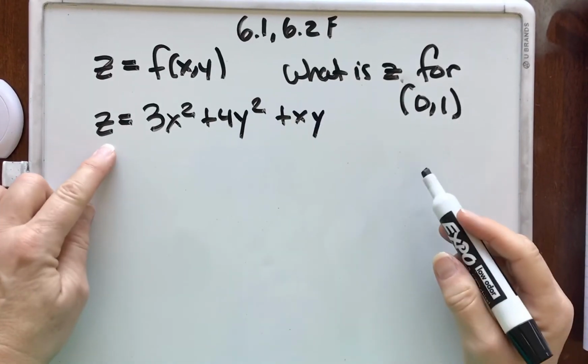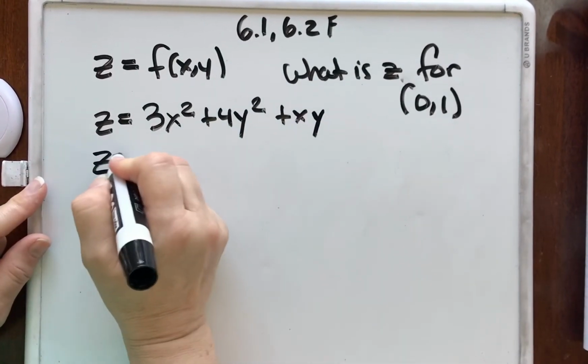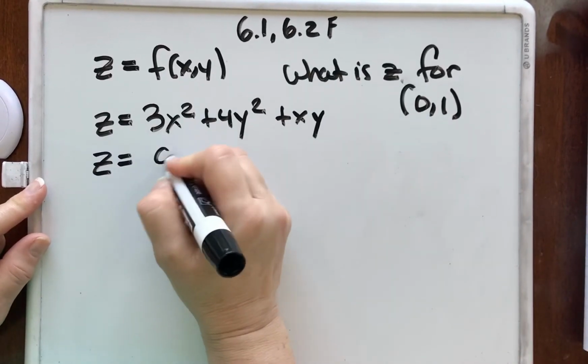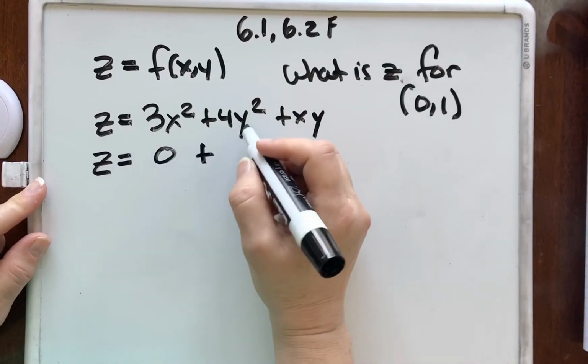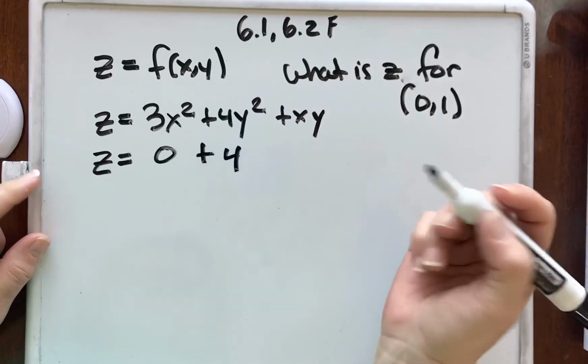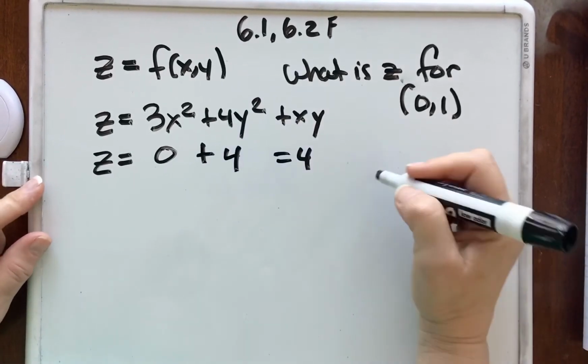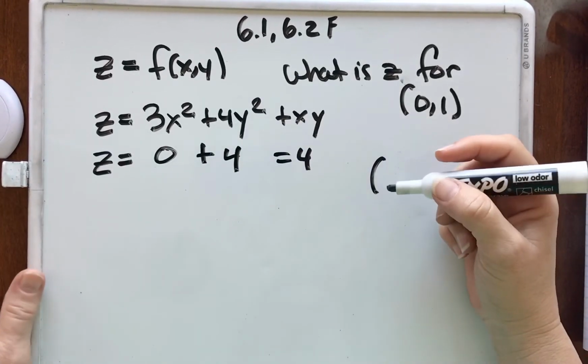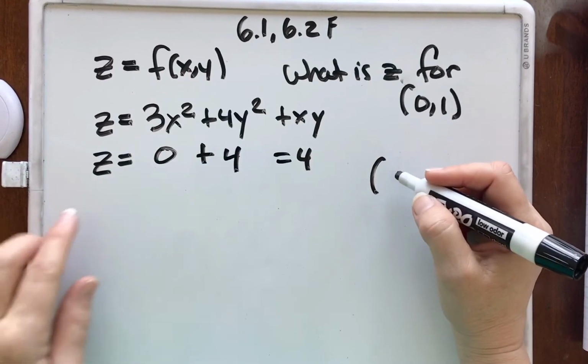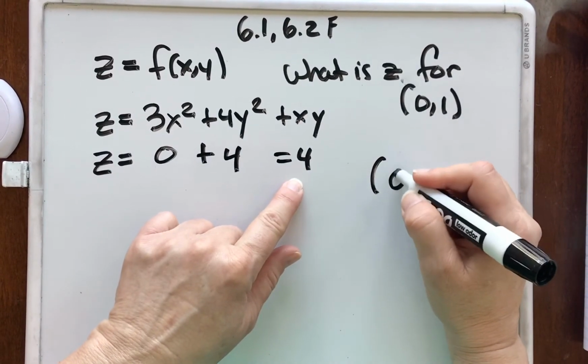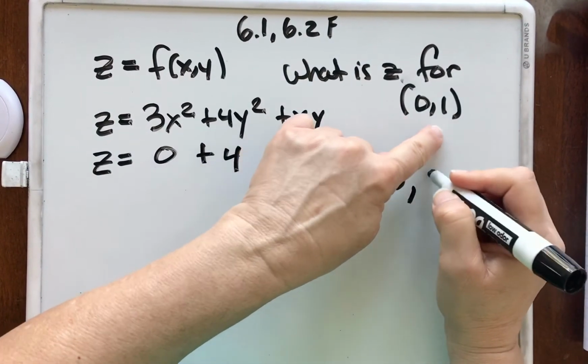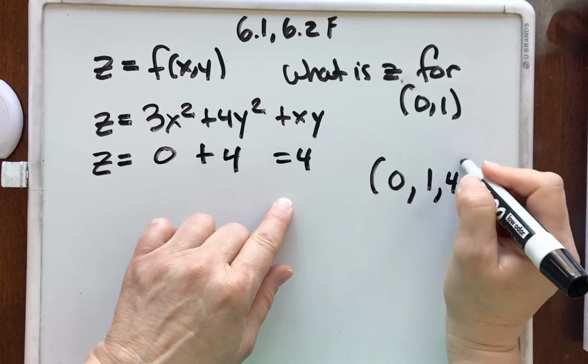So now we can find z, our third point, by putting in 0 and 1. It's just 4. So our point of our tangent lines that we just found, z is 4, so we have x is 0, y is 1, and z is 4.